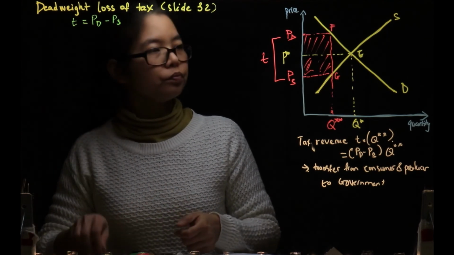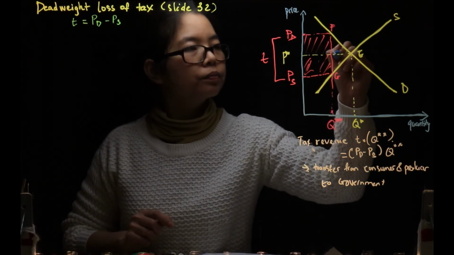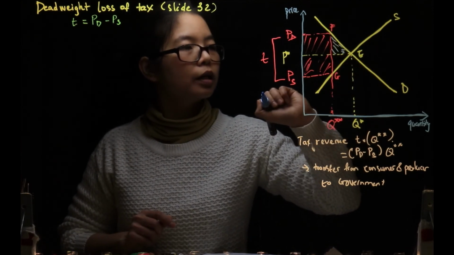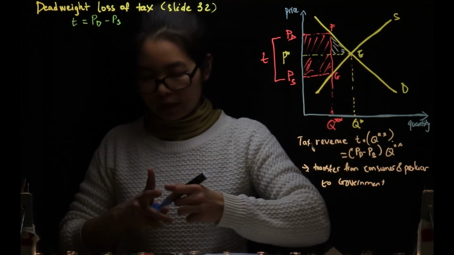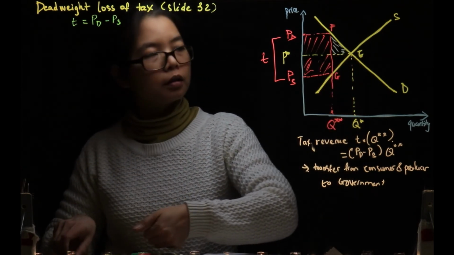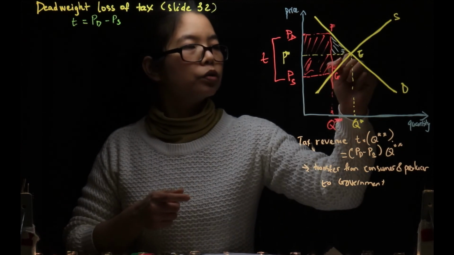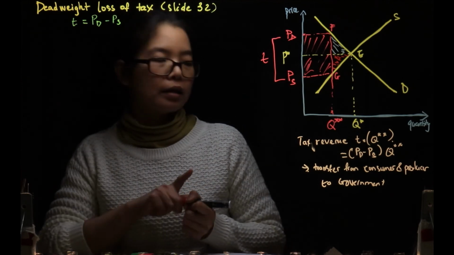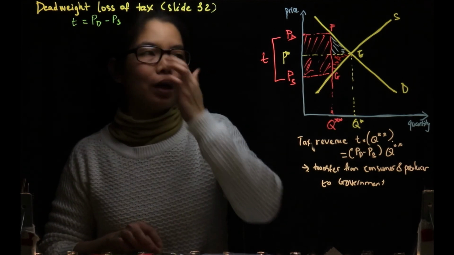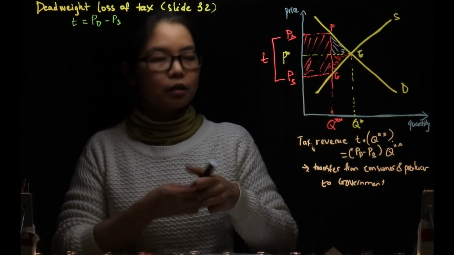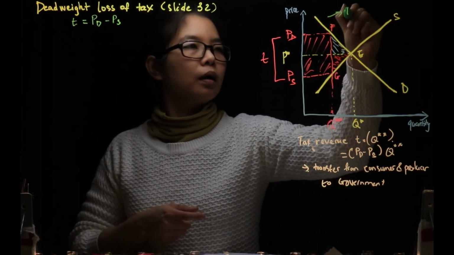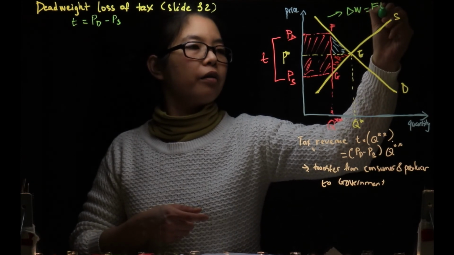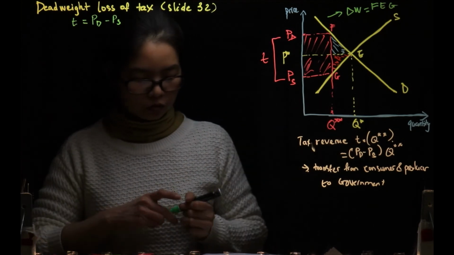However, this part is from the consumer surplus, and this part from the producer surplus is not compensated by any revenue from anyone. So that is the dead weight loss. Now, DW equals FEG, right?